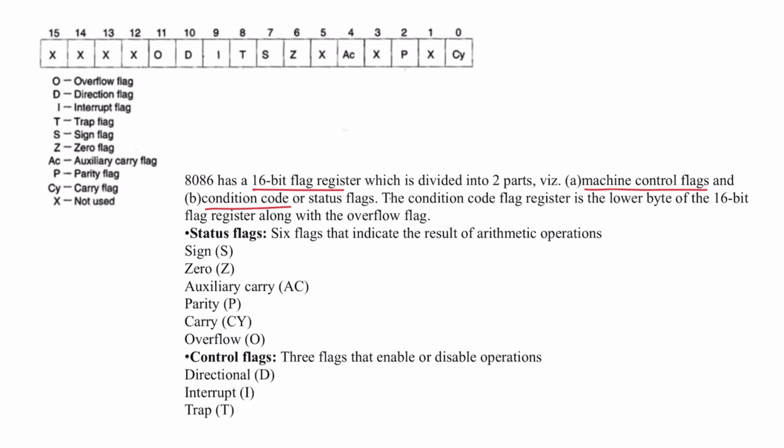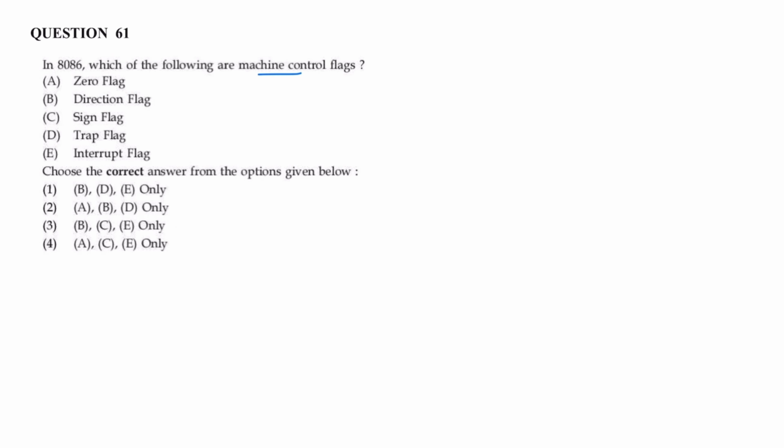The various status flags are sign flag, zero flag, auxiliary carry flag, parity flag, carry flag, and overflow flag, and the control flags are direction flag, interrupt flag, and trap flag. Direction flag, trap flag, interrupt flag: B, D, E. The correct option is 1. Machine control flags are B, D, E. The zero flag and sign flag are not machine control flags.